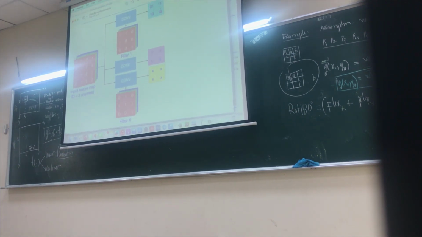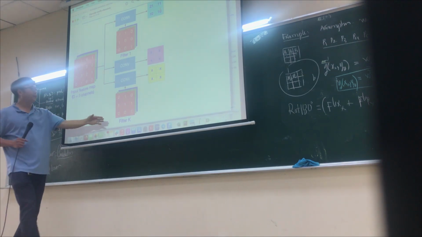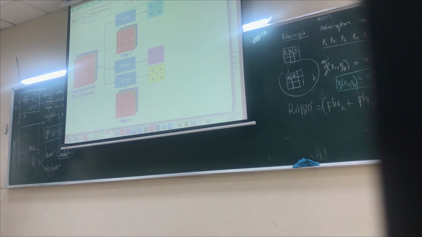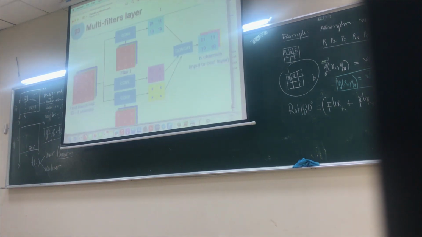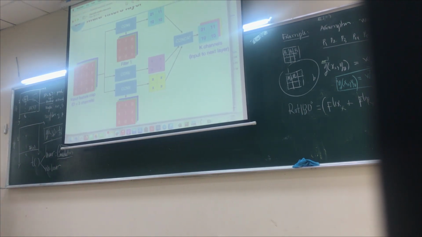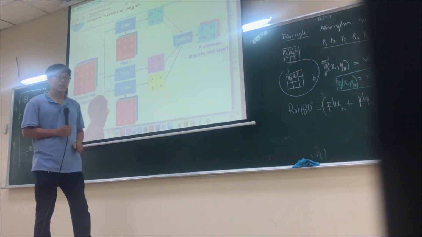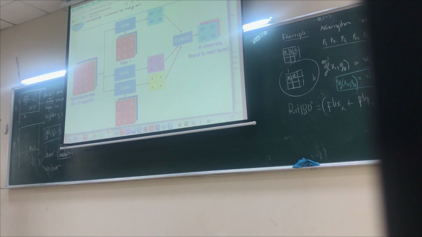Next, 2, 3, up to K. Now you have K filters, and you get K feature maps. You can concatenate them together, and you get the output feature map. Here you can see that is the convolution.